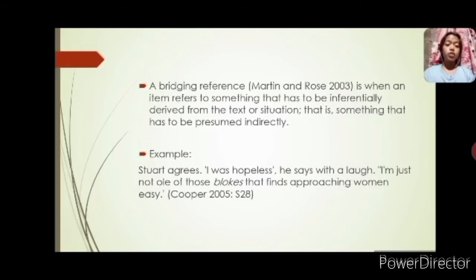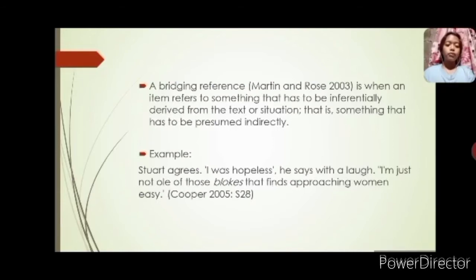For Martin and Rose, 2003, bridging reference is when an item refers to something that has to be inferentially derived from the text or situation, that is, something that has to be presumed indirectly. For example, Stuart agrees. "I was hopeless," he says with a laugh. "I'm just not one of those blokes that finds approaching women easy."